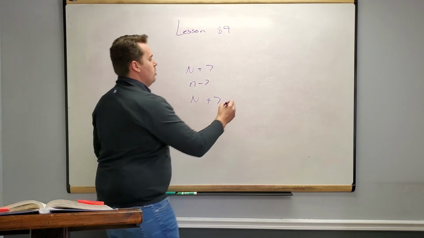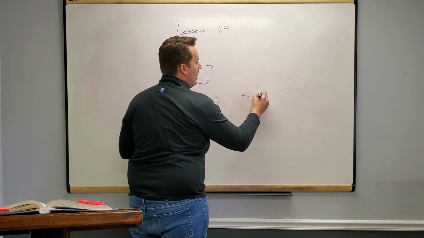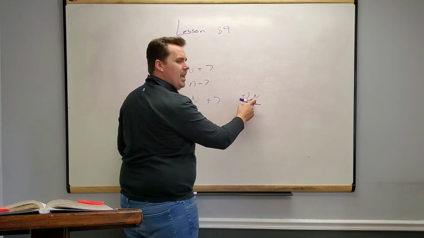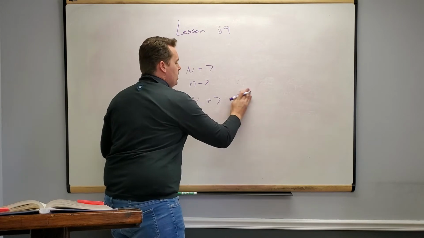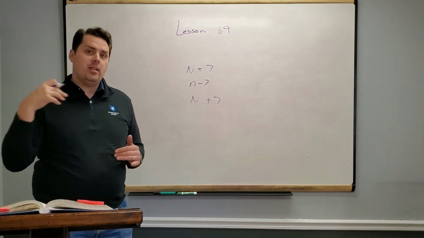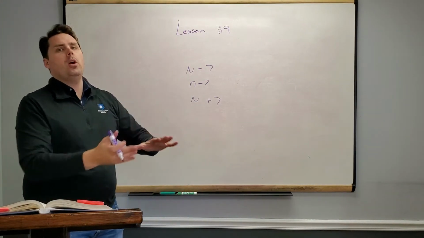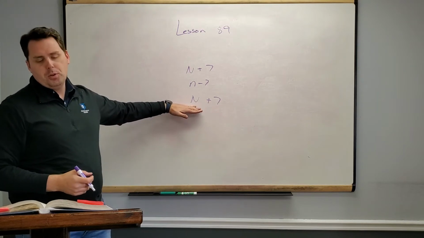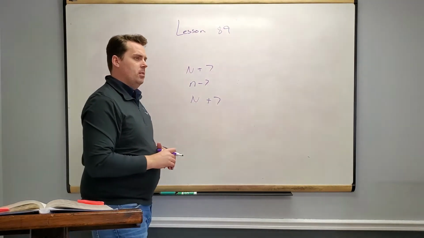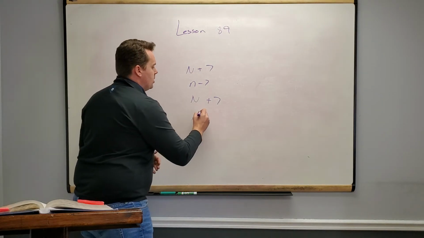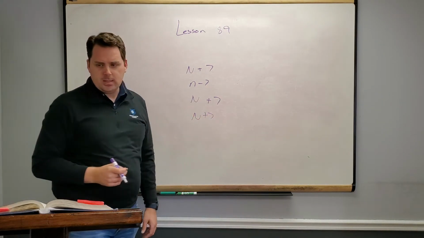But if you do positive 7n, you're saying 7 times n, which is not what they communicated, right? So whenever you see 7 greater than or 7 less than, take that and throw it off to the right side, then put the rest in, okay? A number increased by 7. A number increased by 7 is also 7 plus n.